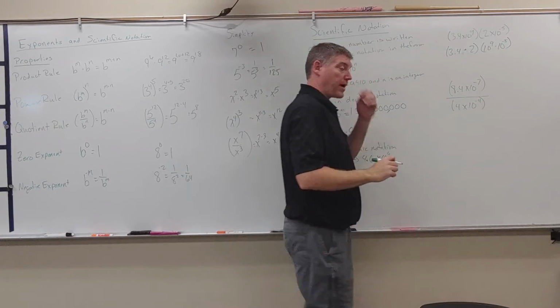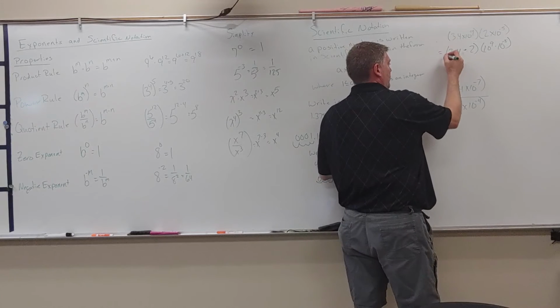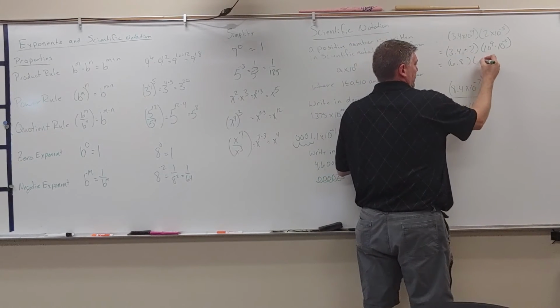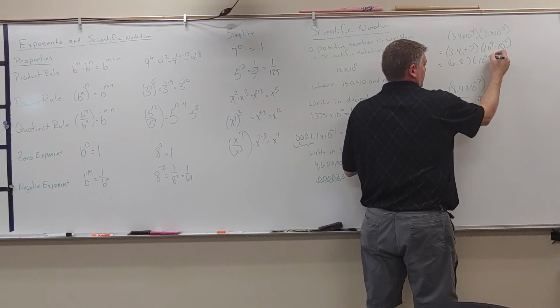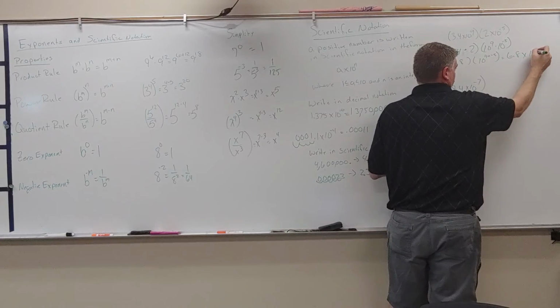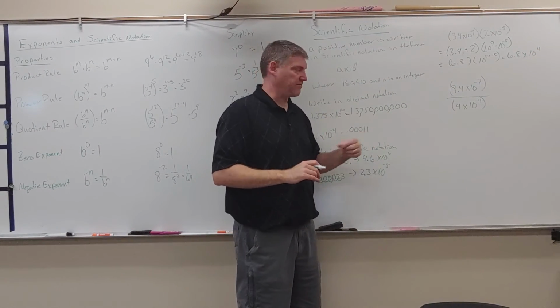Well, now we have our power properties here. You can do 2 times 3.4, that gives me 6.8. This gives me 10 to the 9 plus negative 5, which gives me 6.8 times 10 to the 4th. Okay, so it allows me to multiply and divide fairly easily.